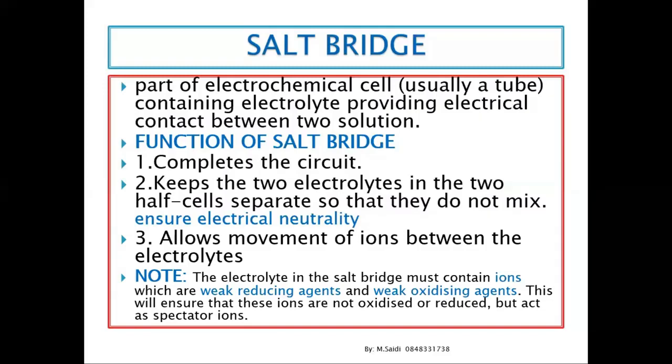Because if they take part in being oxidized and reduced, then they are going to be used up, and the reaction will stop. So they must be very weak reducing agents and very weak oxidizing agents so that they are suppressed by the other ones.